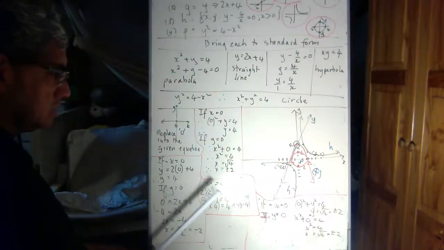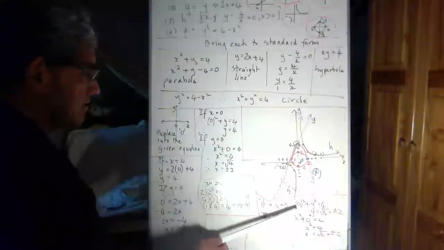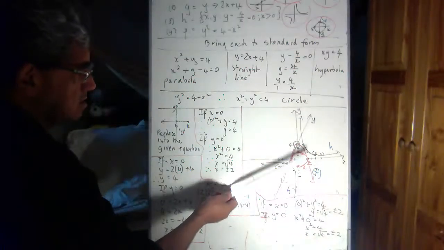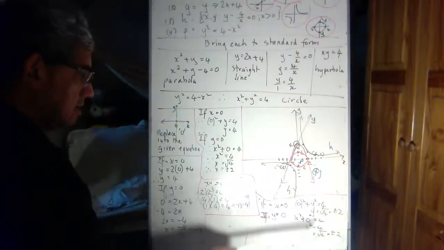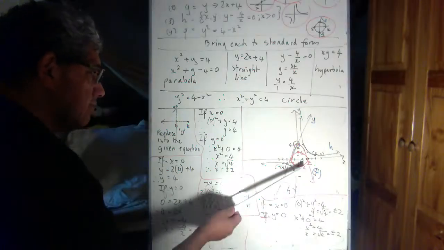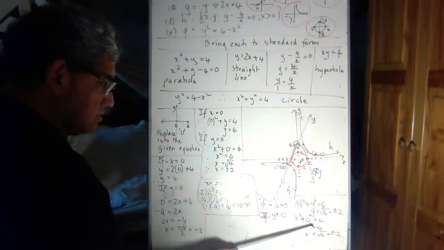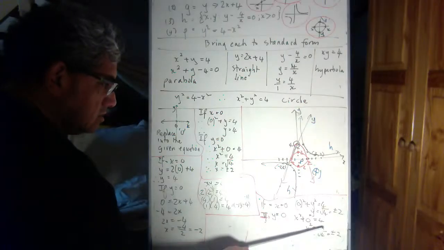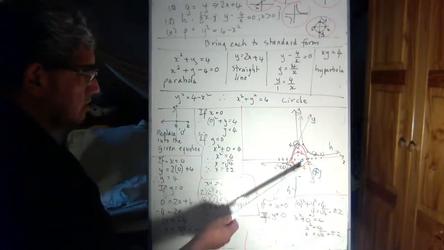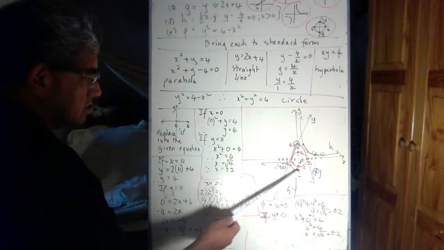That's 2 points. Now the next one, if y is naught here, then x squared is equal to 4. X is equal to square root of 4, plus or minus 2. So you get these 2 points, and now you can draw your circle.